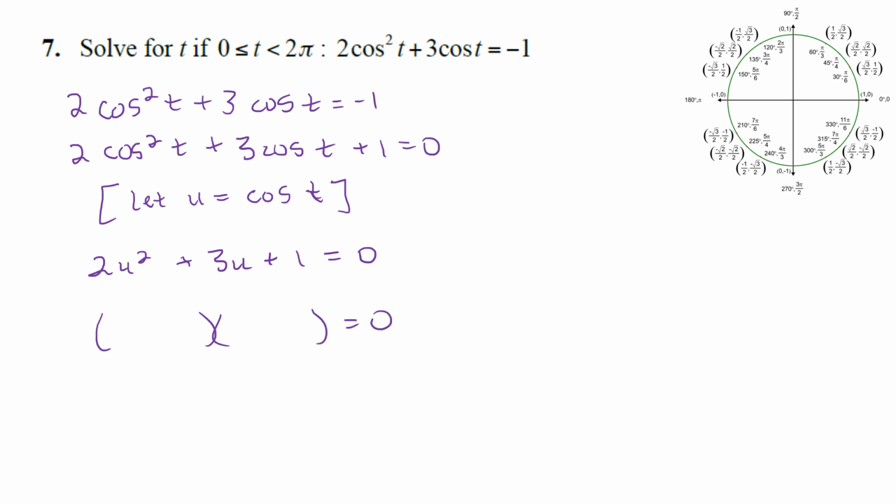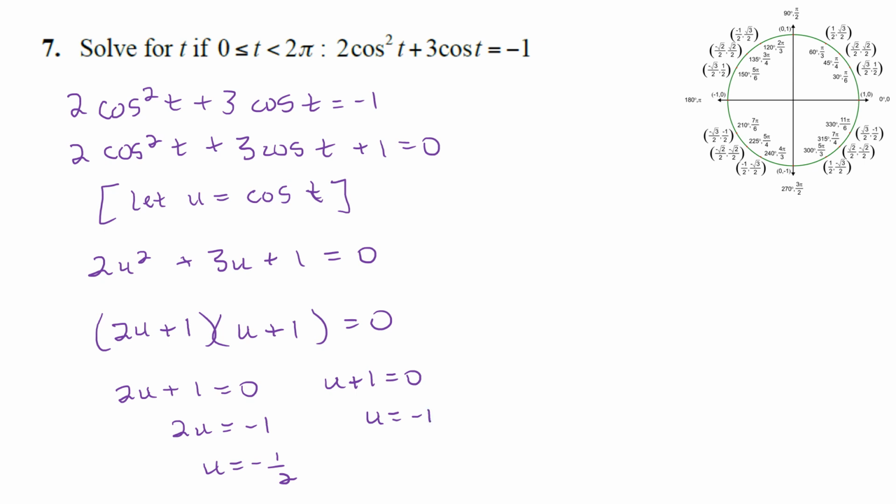And when we do so, we will get 2u plus 1 and u plus 1. So now we can set each factor equal to 0. So we'll have 2u equals negative 1, u equals negative 1/2. Then we have u plus 1 equals 0, so u equals negative 1.